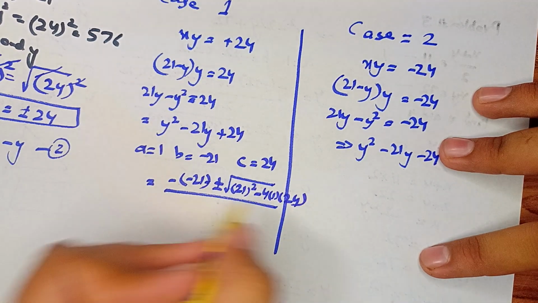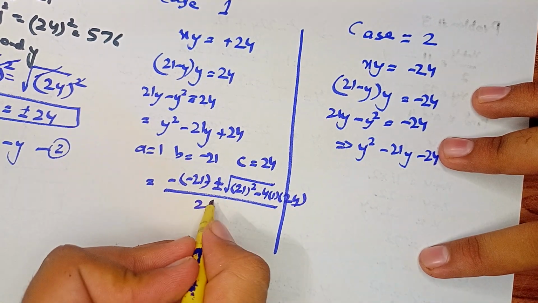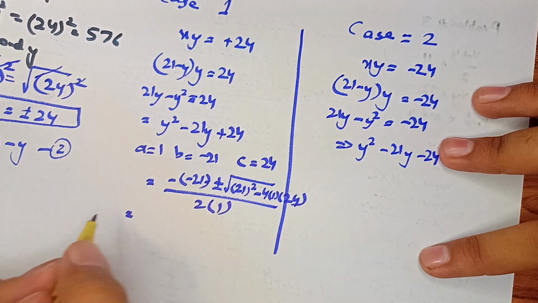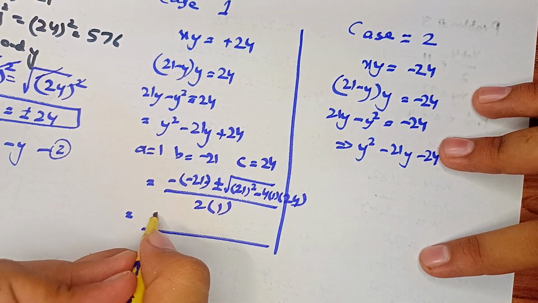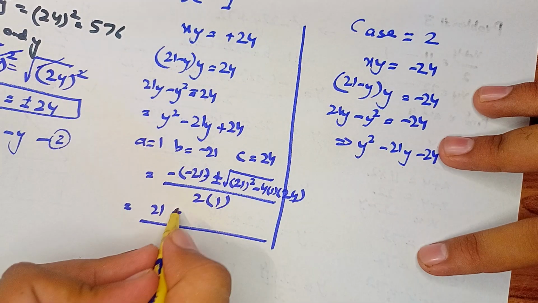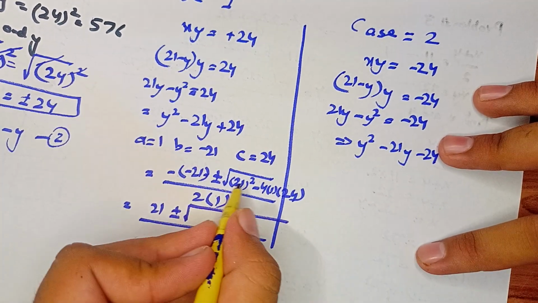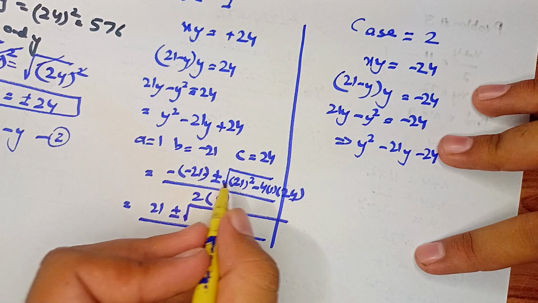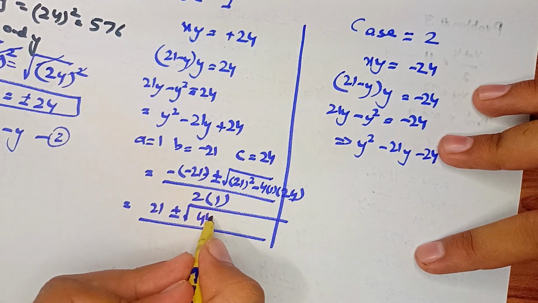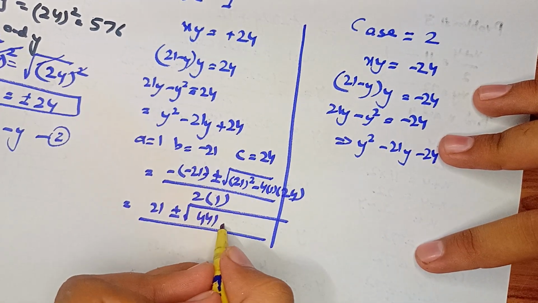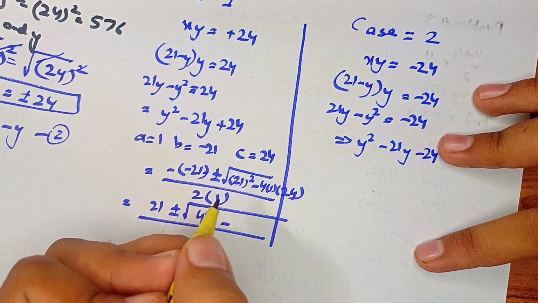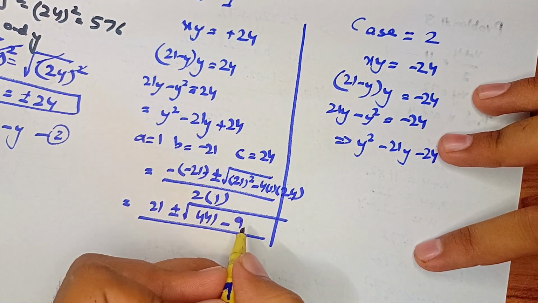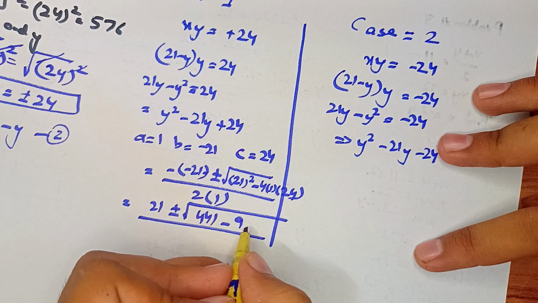Minus minus should be positive 21, and then plus minus 21 whole square. What should 21 whole square be? And 4 multiplied by 24 should be 96, I think.